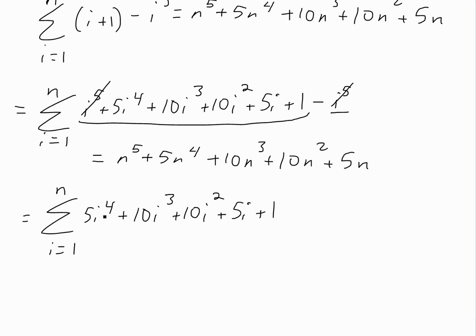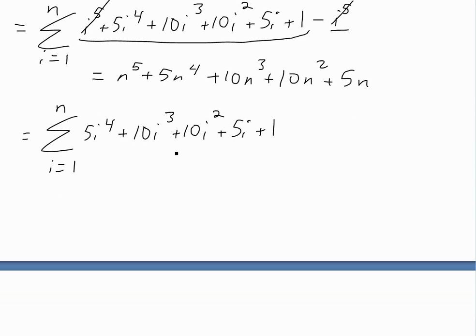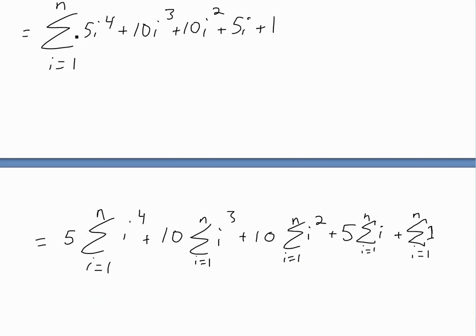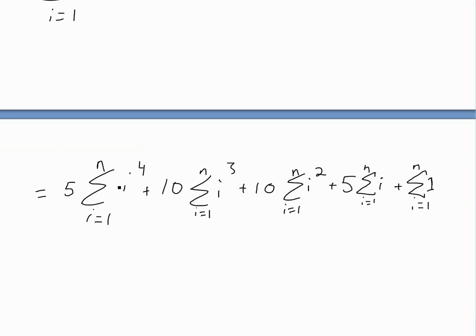But now we can use our previous formulas for this i cubed, this i squared right here, because we can break this apart using summation rules. We can write these all down as summations themselves, so 5i^4, etc., all the way here. I'm going to call this summation S4, this one S3, just to make it easier to write, because it's too hard to keep writing this.